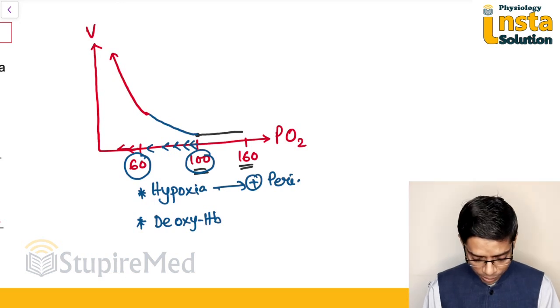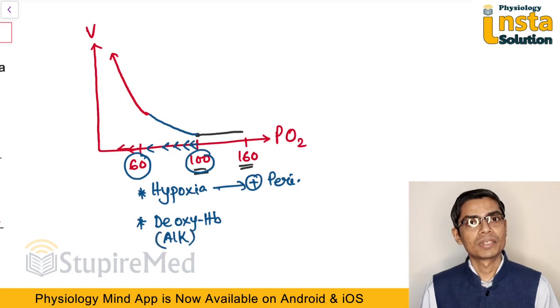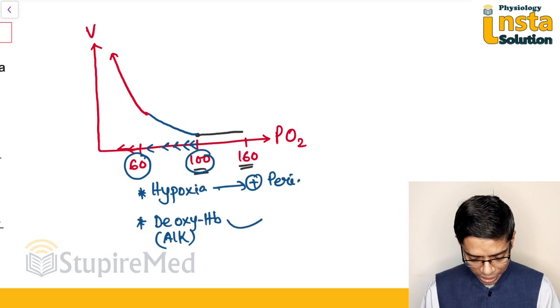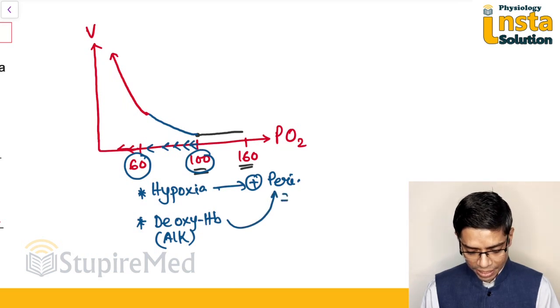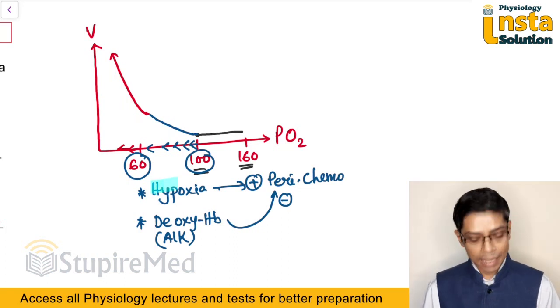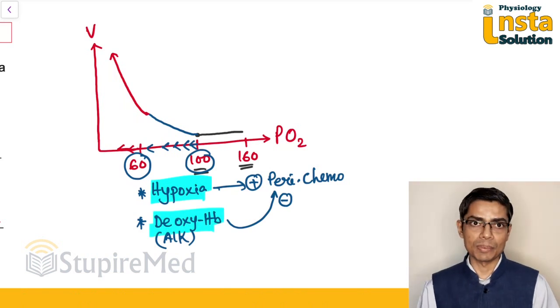So this deoxyhemoglobin I can understand like this, that it's a kind of alkali. So, that alkalosis has a suppression or inhibition effect on this peripheral chemoreceptor. So, hypoxia is stimulating and this deoxyhemoglobin is inhibiting the peripheral chemoreceptor.